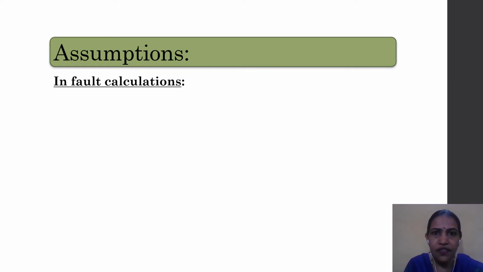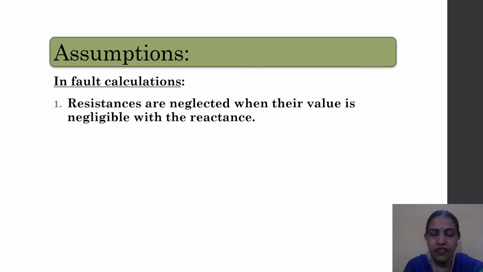Assumptions. In fault calculations, the very first assumption is that resistance is neglected when its value is negligible compared with reactance. So we generally consider reactance because transmission lines have very low resistance.